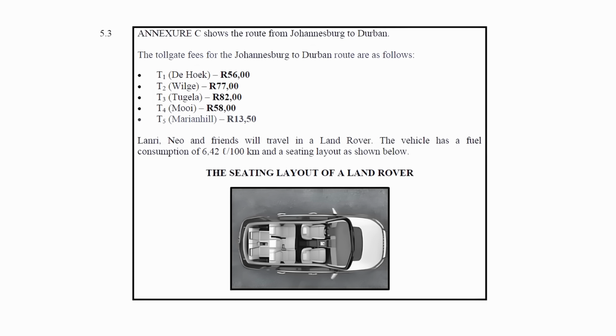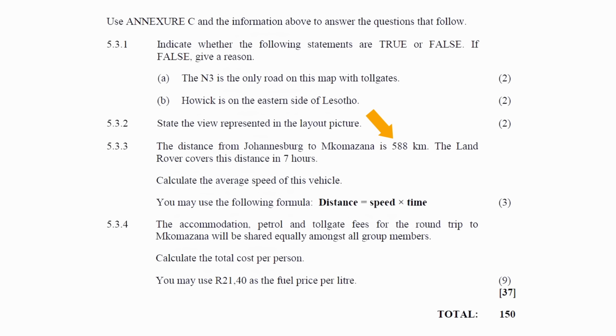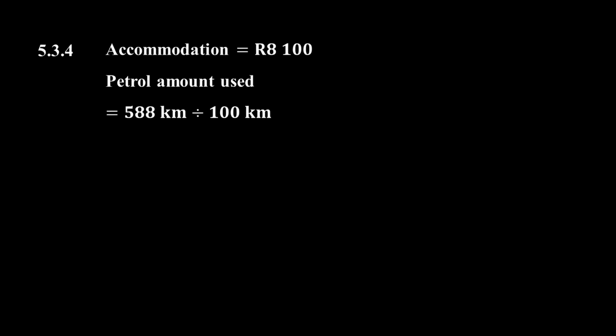Now for the total petrol costs, we know that the fuel consumption of the vehicle was given as 6.42 litres per 100 kilometers, and the total distance to the resort was given as 588 kilometers. We were also given the price of the fuel per litre as R21.40. So the first step is to calculate how many 100 kilometers there are in 588 kilometers.